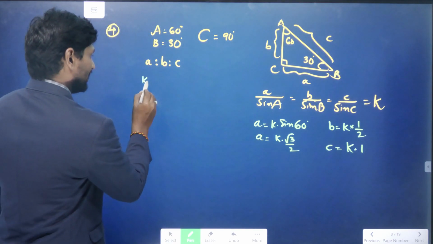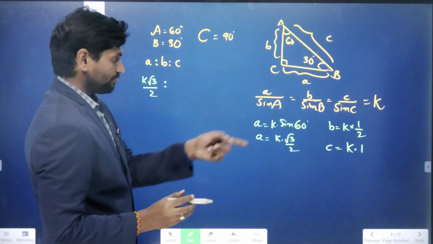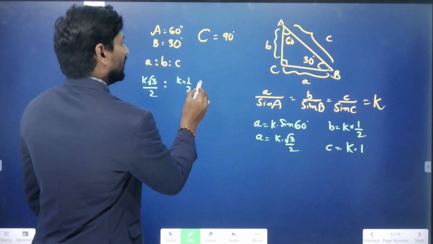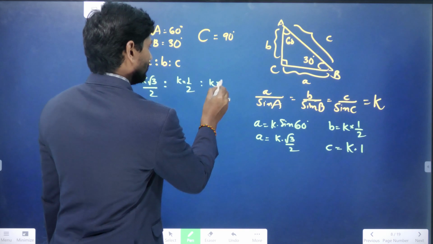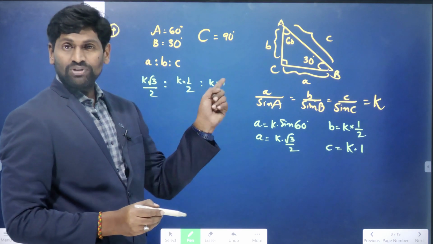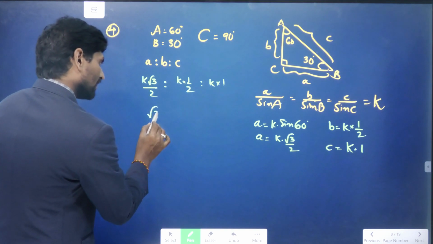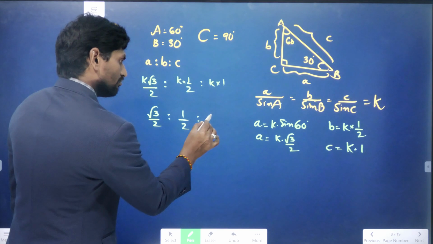So in place of a we can write k into root 3 by 2, in place of b we write k into 1 by 2, and in place of c we write k into 1. All have the same term k, so we can eliminate it from every term. Then what remains is root 3 by 2 is to 1 by 2 is to 1.